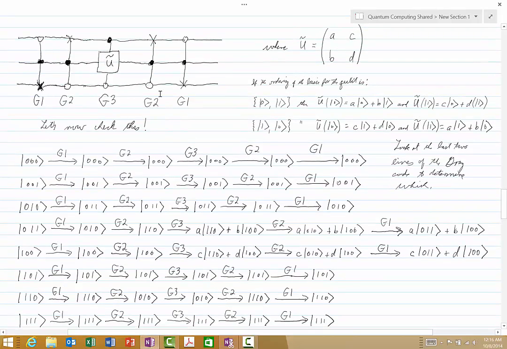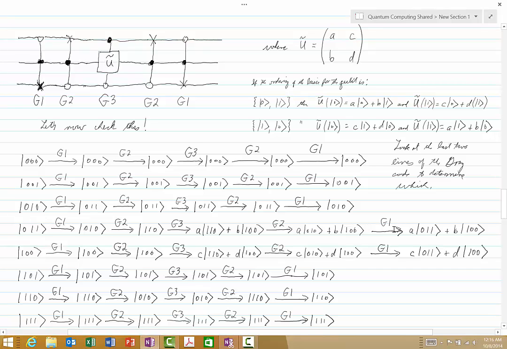For G2, if the second bit is 1 and the last bit is 0, then it will toggle the first bit. So 110 will become 010. But the 100 is unchanged. So the A110 becomes A010. B100 just stays B100. And likewise, C110 becomes C010. But again, D100 just stays as D100.